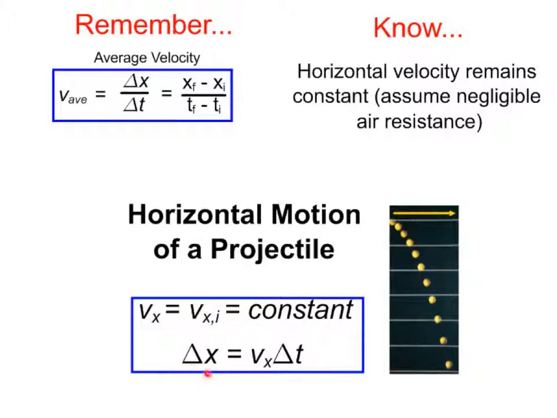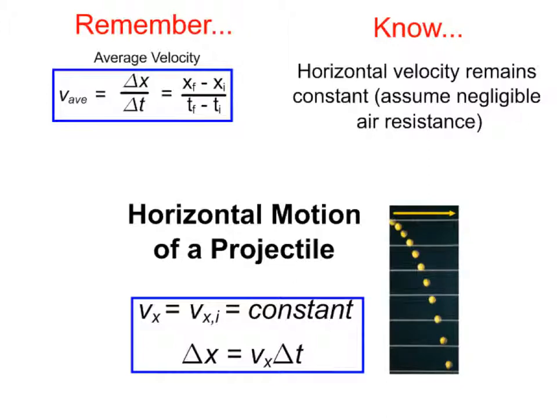Now, this second equation comes from this kinematic expression that we learned last unit for average velocity. Average velocity is equal to the change in displacement over the change in time. And we're simply going to apply that to our horizontal direction.